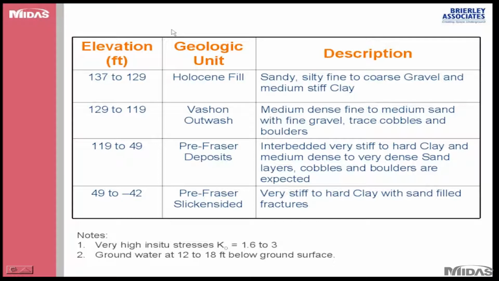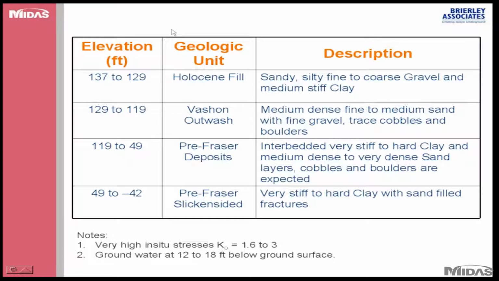Then you have 10 feet of what's called Vashon outwash, which is medium dense, fine to medium sand with fine gravel, and it has some cobbles and boulders. This is followed by about 70 feet of what's called the pre-Fraser deposits, mainly a very stiff to hard clay, which also has some interbeds of medium dense to very dense sand, and again some cobbles and boulders in that formation.